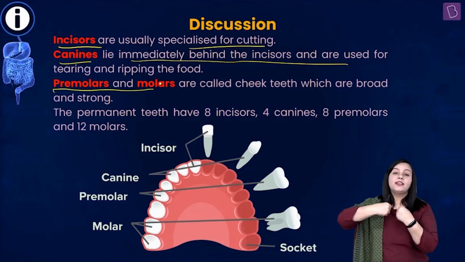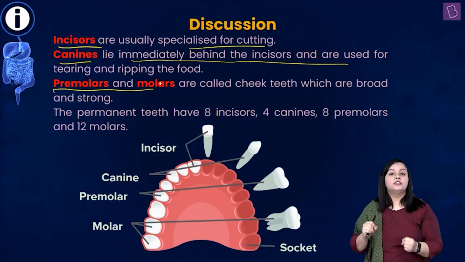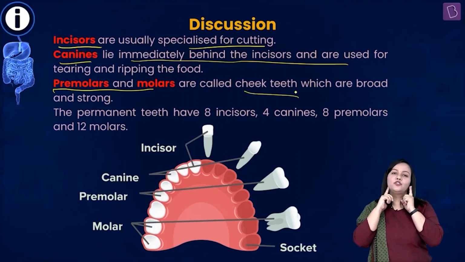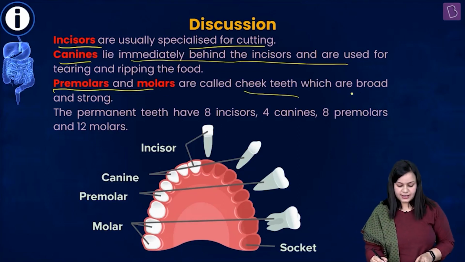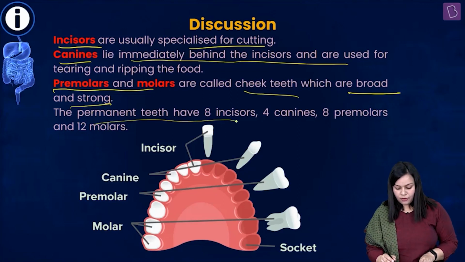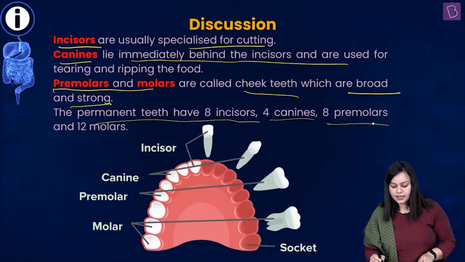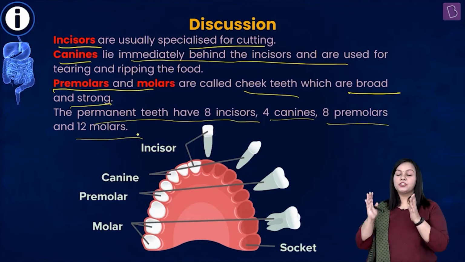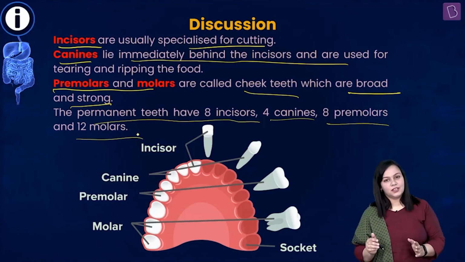So they allow the crushing or the grinding of the food, and they are called cheek teeth simply because they lie just inner to the cheek. They are broad and they are strong. The permanent teeth have 8 incisors, 4 canines, 8 premolars and 12 molars, making it the set of 32 teeth which I told you right at the start of this question.